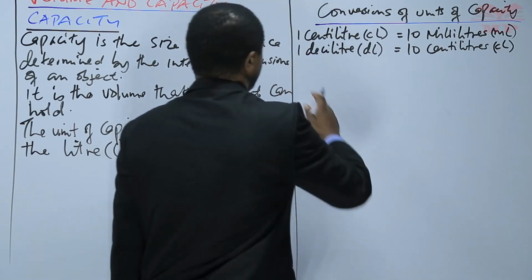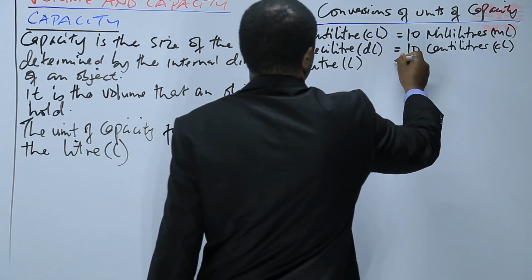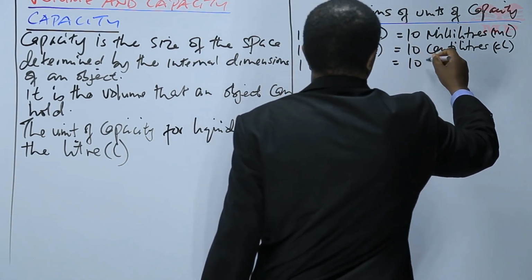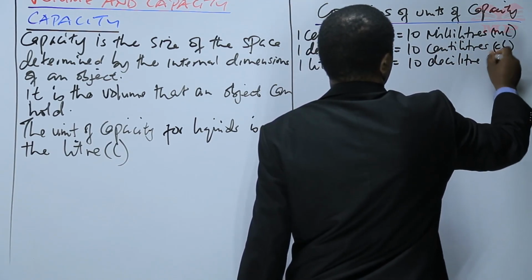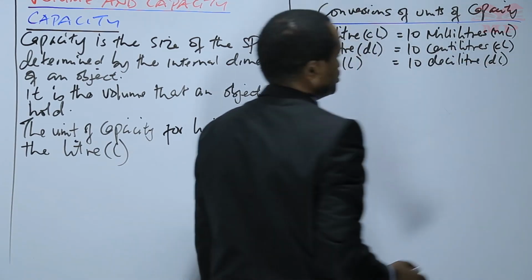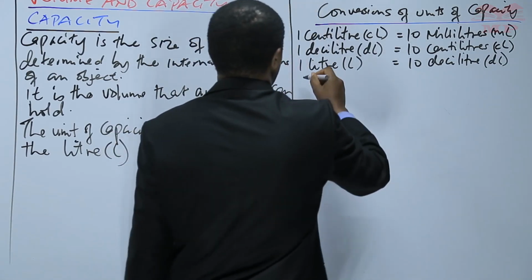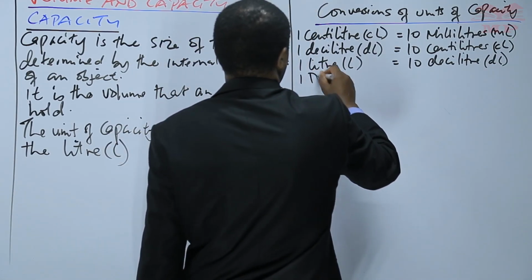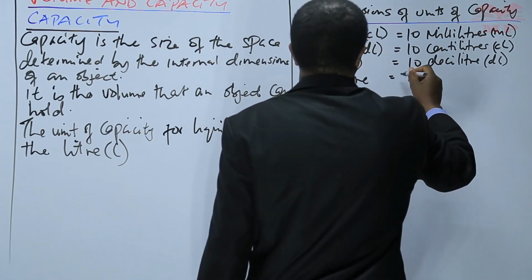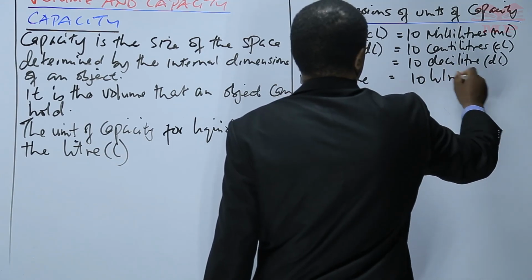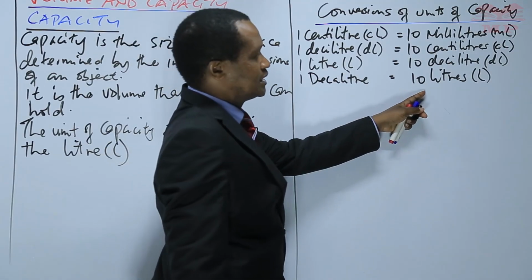Another conversion is 1 liter, abbreviated as L, is equal to 10 deciliters, dl. Another conversion is 1 decaliter. 1 decaliter is equal to 10 liters, abbreviated as L. 1 decaliter is equal to 10 liters.